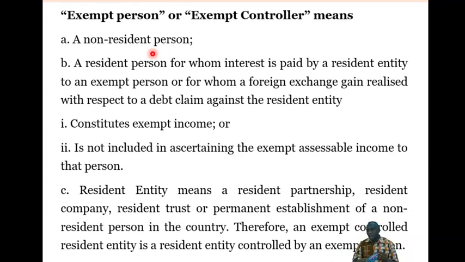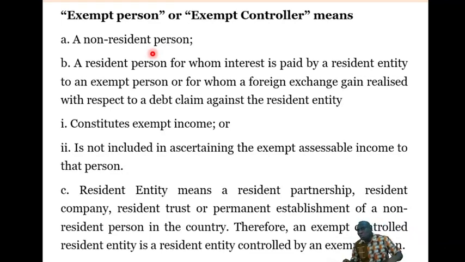What they are trying to say is that if there is a resident entity in Ghana and you have a non-resident person that has 50% or more voting power in that resident entity, then that resident entity becomes an exempt controlled resident entity.